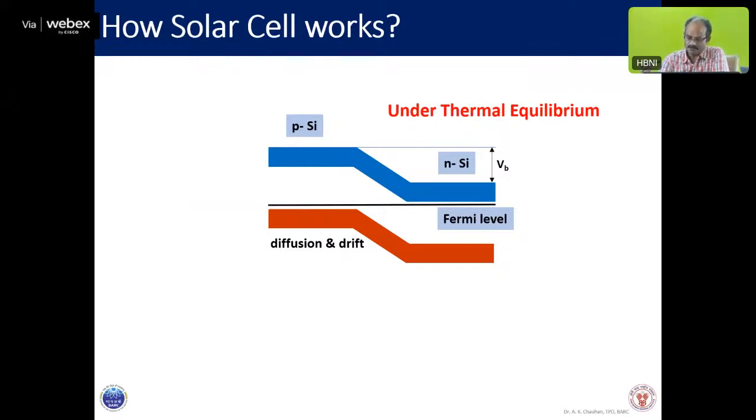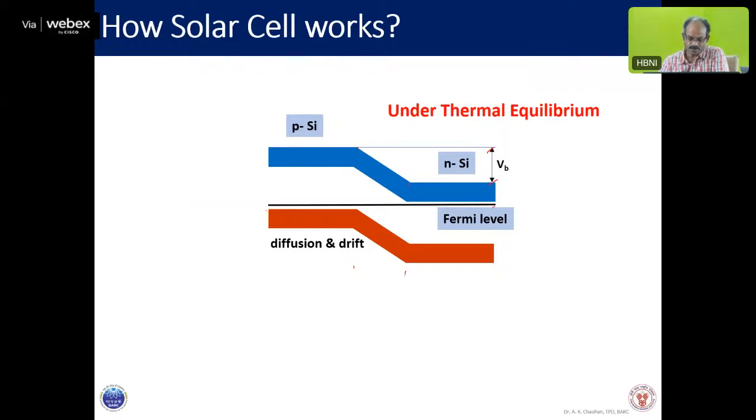After a certain time, a built-in potential VB is established, and the Fermi level is constant throughout the material, and in between this portion you will have a gradient. If you can recall, this is mostly the depletion area.